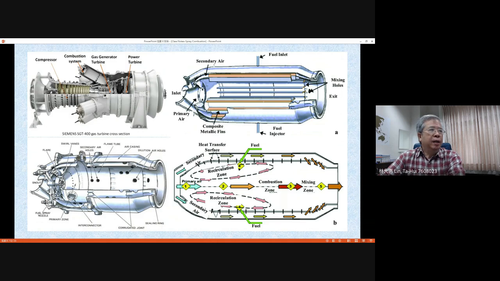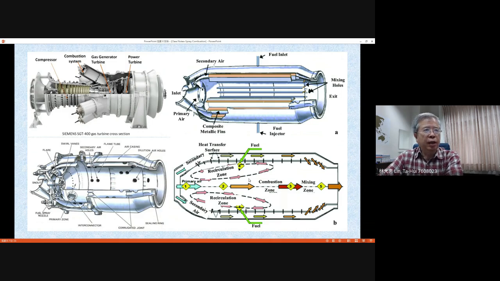And you understand the air will come in accompanied with the fuel injections, then the burning will occur in this combustion chamber. In a similar way, you can figure out the combustion exists here, but this figure will tell you how the combustion process proceeds depending on the flow field you may have in the combustion chamber.